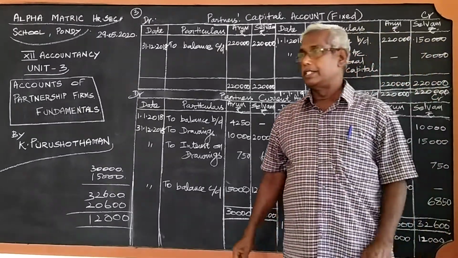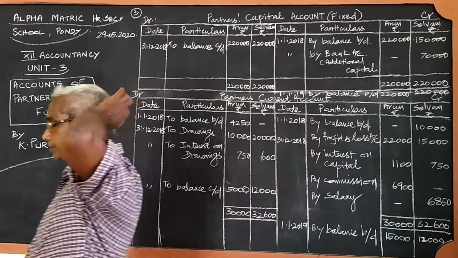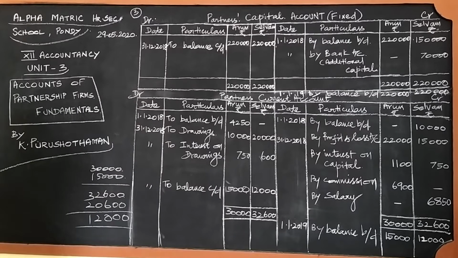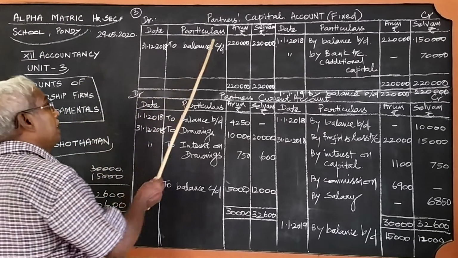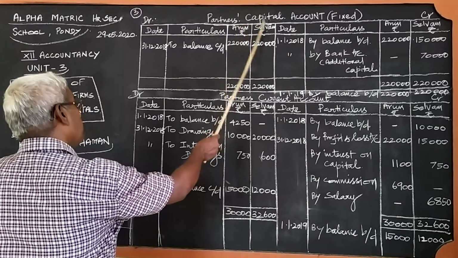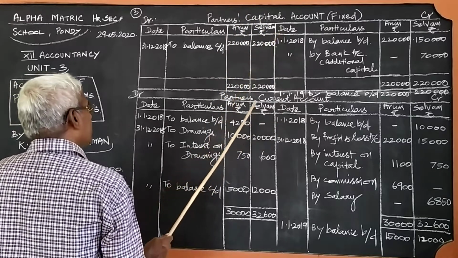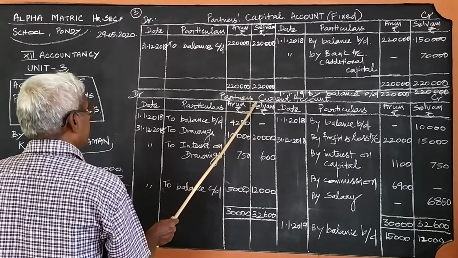Once again, let us repeat the same. It is problem number 3 given, and we shall see the points given under this problem. You are supposed to prepare the fixed capital account. When you are asked to prepare the fixed capital account, you should prepare both the accounts. This need not be mentioned in the question.